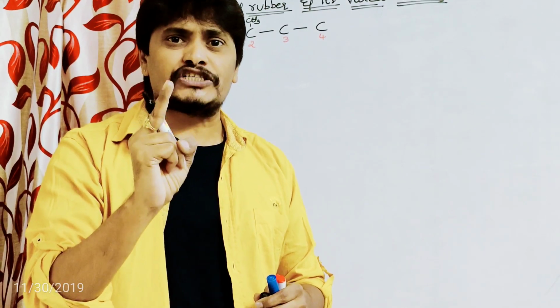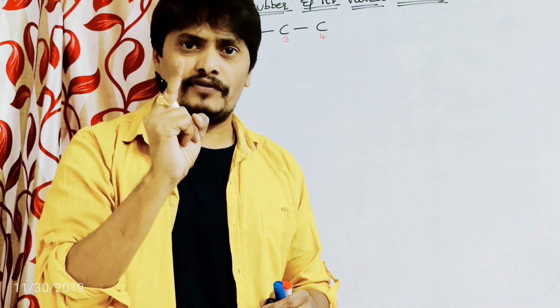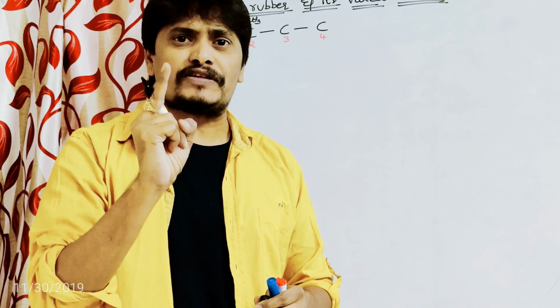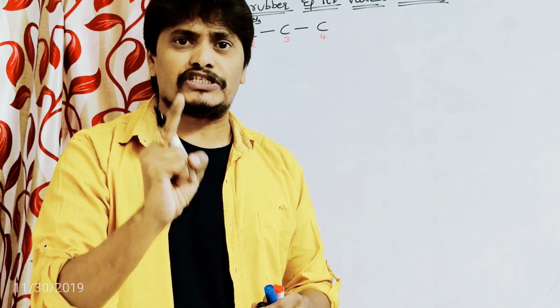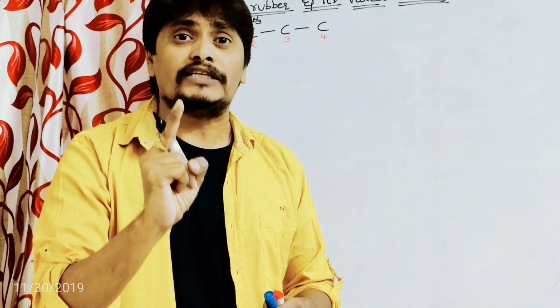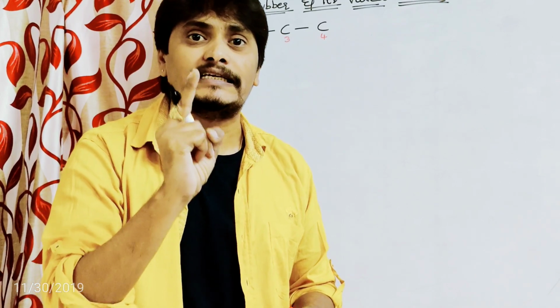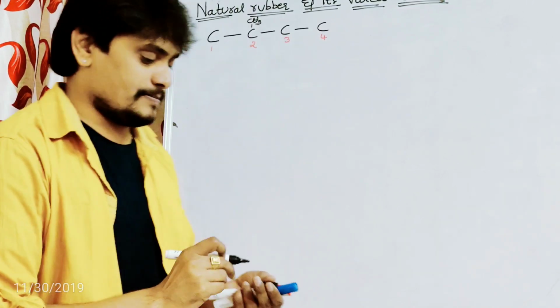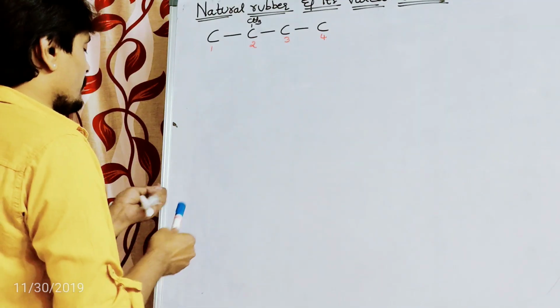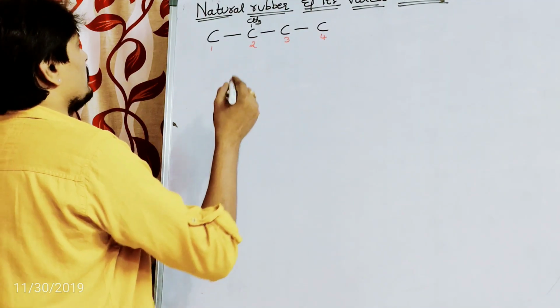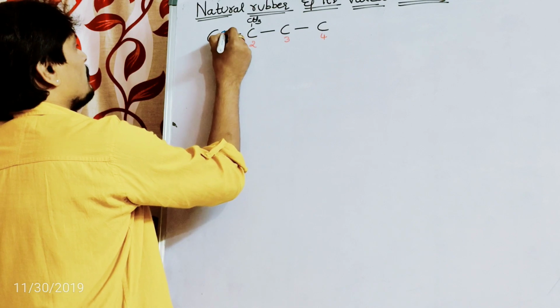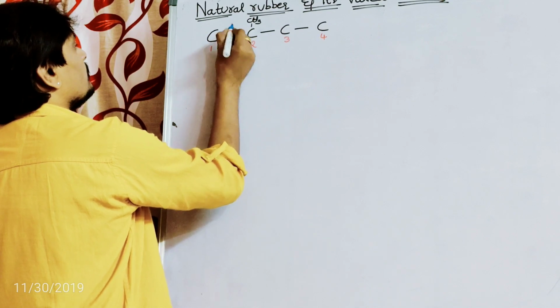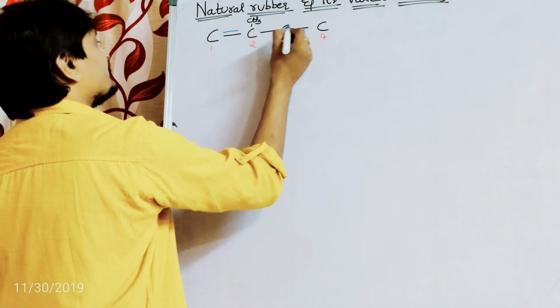The position of one double bond is the first position and the second double bond is at the third position, because it is 1,3-butadiene. Now I'm representing the double bonds with blue color.